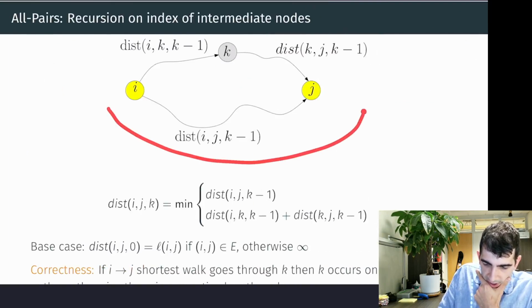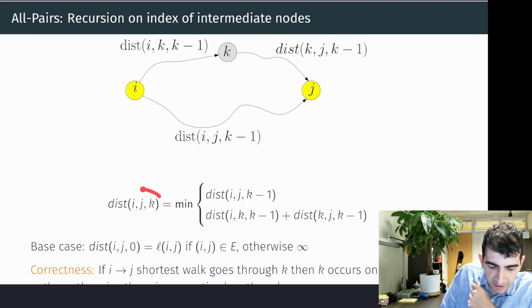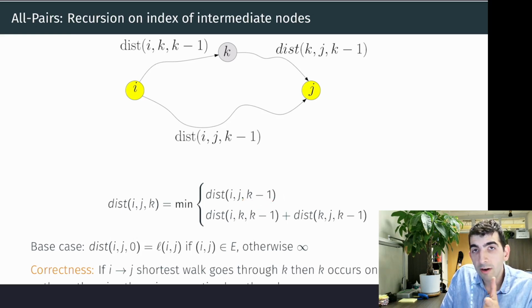For the Floyd Warshall algorithm, we simply say that the distance from i to j using at most vertices 1 through k is the minimum of either the distance from i to j using the vertices 1 through k minus 1, or the distance from i to k using the vertices 1 to k minus 1 plus the distance from k to j using the vertices 1 to k minus 1.